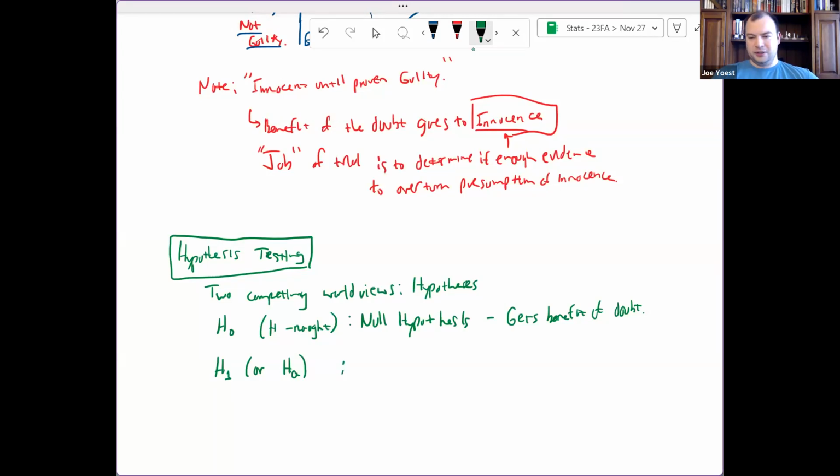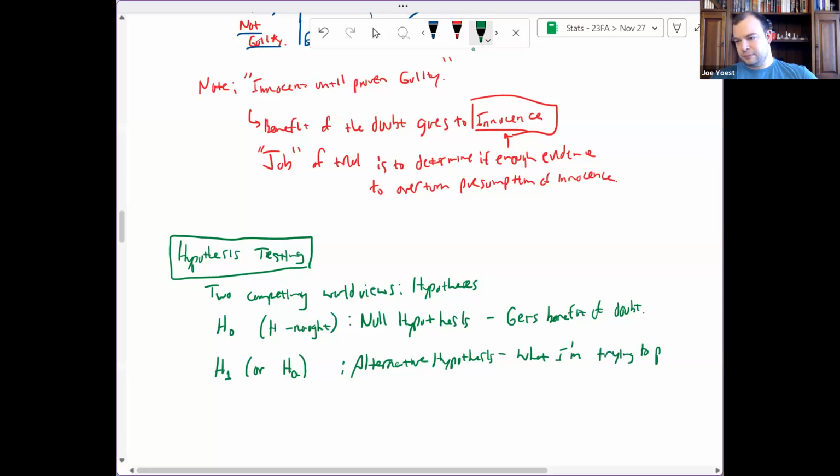And then H1, the alternative hypothesis. This is essentially what I'm trying to prove. Again, speaking in generalities, there are different setups for different hypothesis tests, so I put that in quotes.